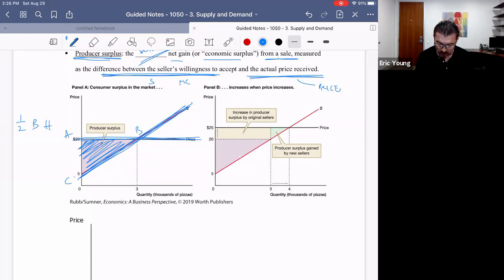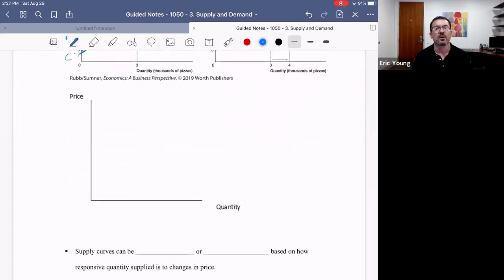Okay, so we know that we have producer surplus. It's the triangle bordered by price and supply, and it represents the gains to sellers. We would also see that there is going to be a change in producer surplus based on a change in price. Let's talk about that. Let's say first that prices go down.